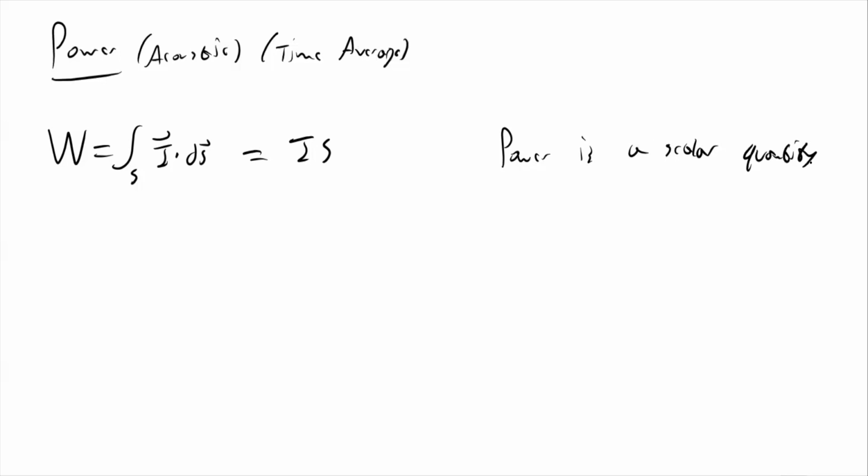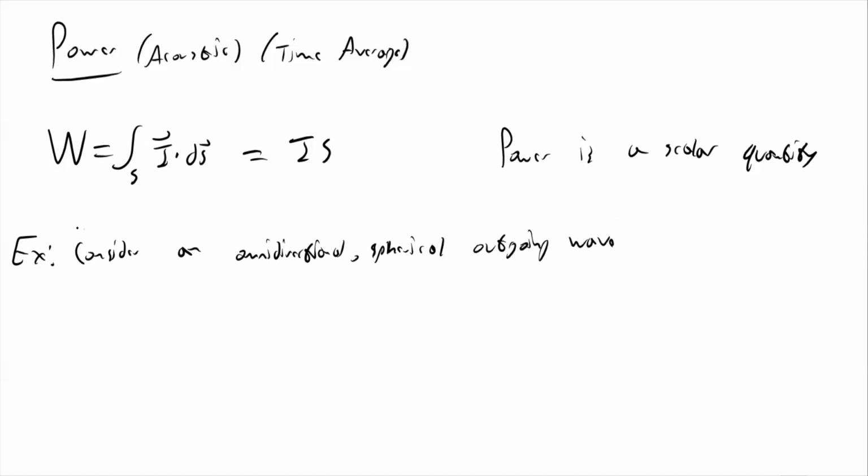So if we consider an omnidirectional outgoing spherical wave, for an example, consider an omnidirectional spherical outgoing wave.